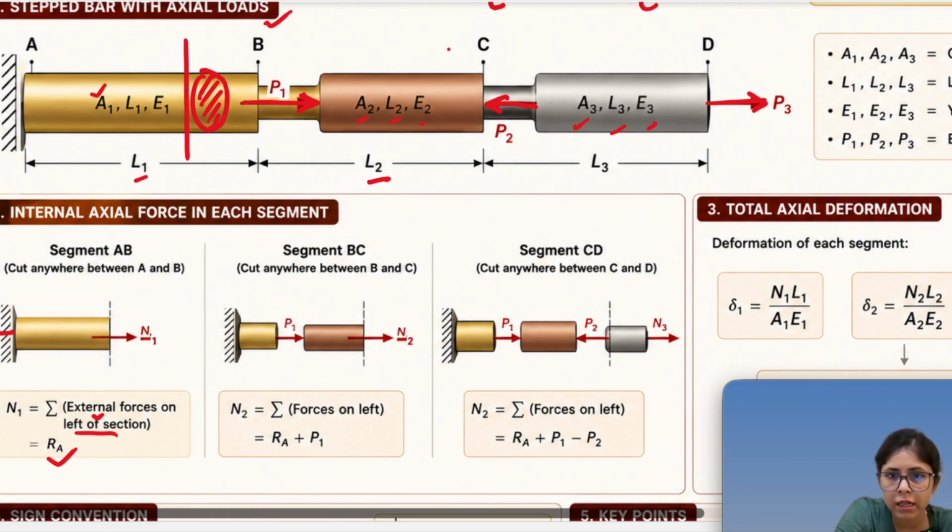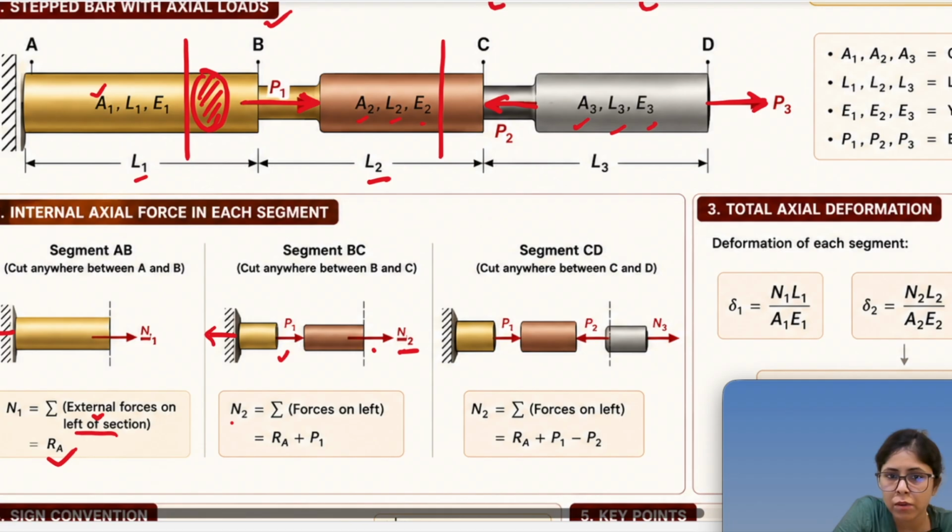Now let's cut the section here. That means this much will come, right? So P1 was already here, and N2, which we are assuming is the internal force, and the reaction is also there, right? Whatever reaction comes, we don't know its direction.